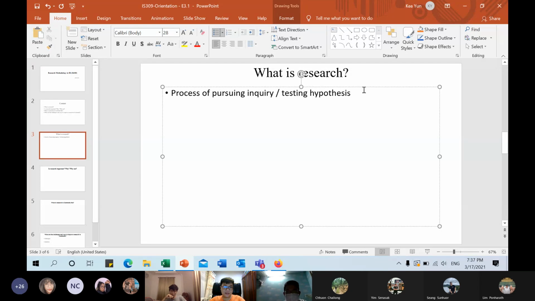In-depth study about a specific problem in order to fill the knowledge gap. Okay, study of a specific problem to fill in the knowledge gap. Right.